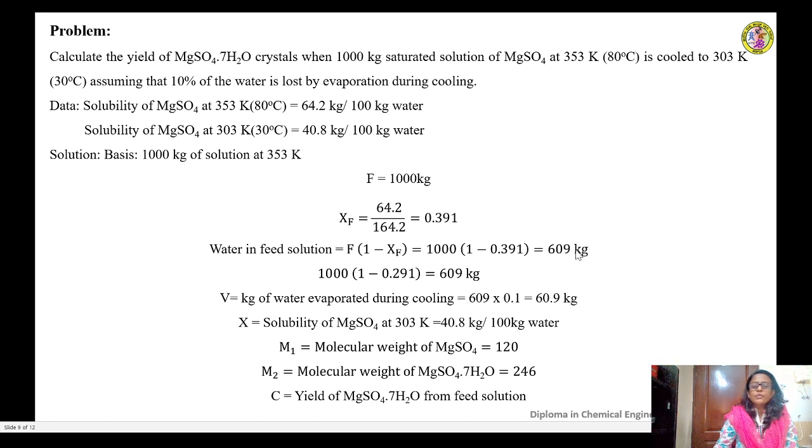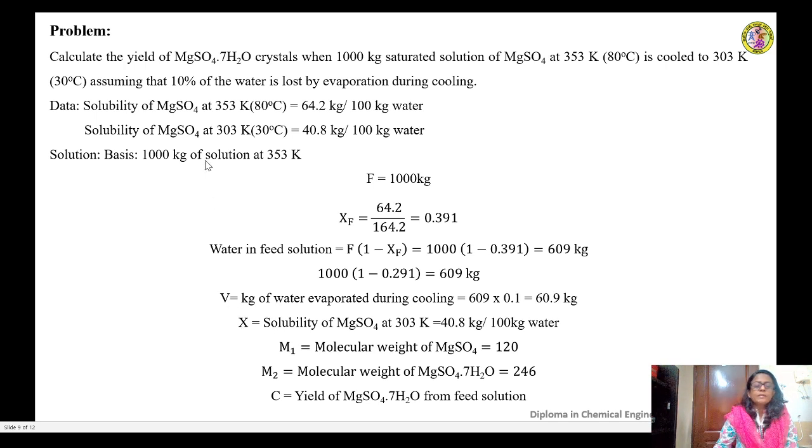This is the amount of water present in feed. Once you get the quantity of water present in feed, you can find out how much of it is evaporated, because it is given that 10% of the water present in feed is lost during the operation. So multiply 609 with 10 divided by 100, and that will give you 60.9 kg as the evaporated solvent. So that is your V.